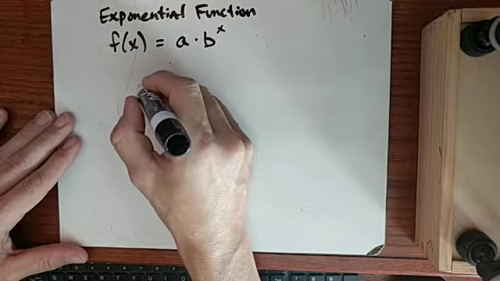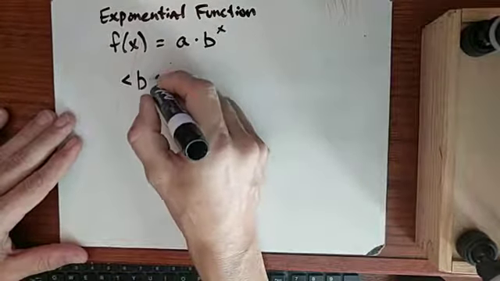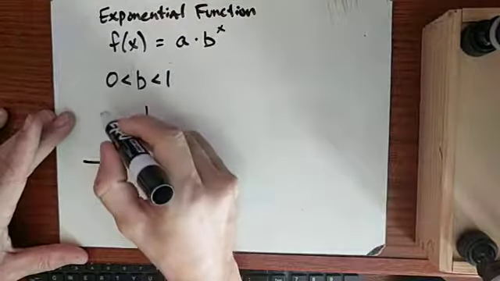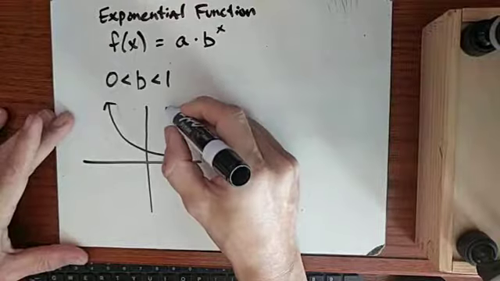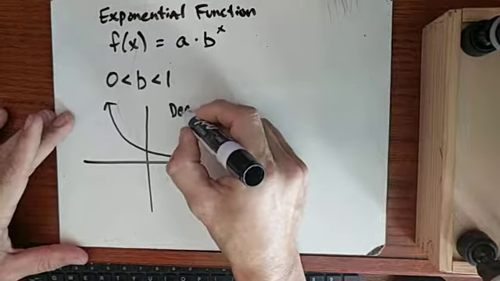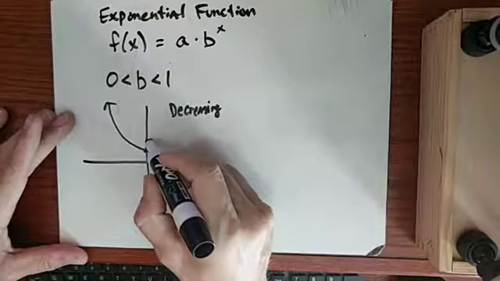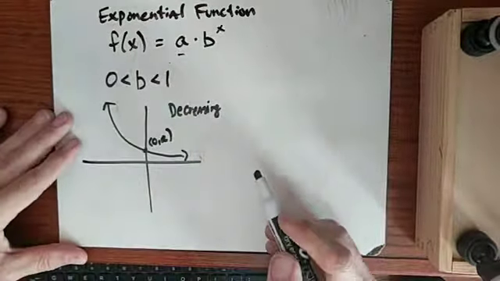It turns out that if b is smaller than 1 but bigger than 0, you get a graph that looks like this. This is called decay or decreasing. And that a is the y-intercept of the graph.